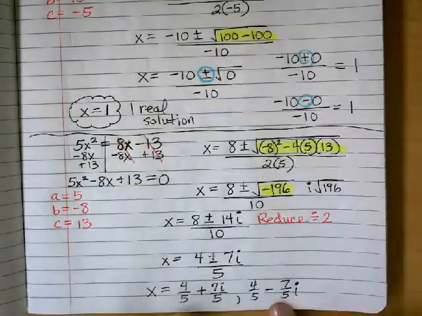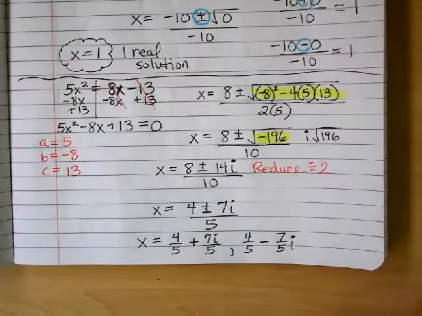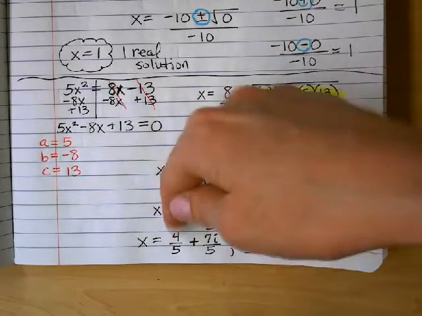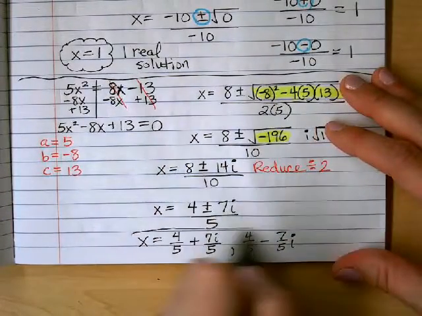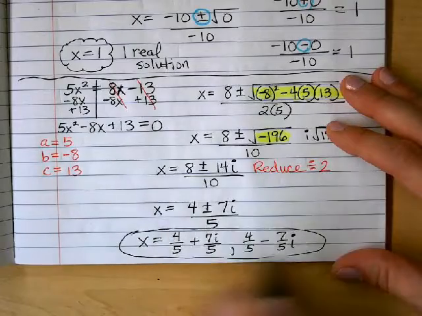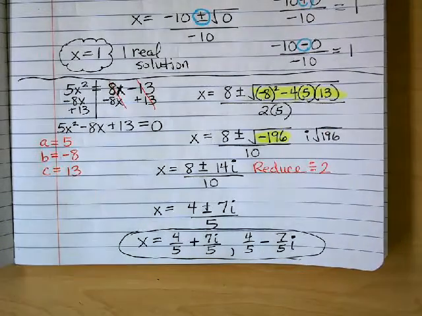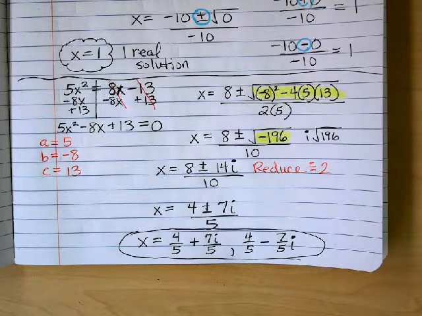That's another way you could write it. See, it's two imaginary answers with the I in it. You can put fractions like that, like 4 over 5 plus 7 over 5I, and 4 over 5 minus 7 over 5I. It's weird, isn't it?